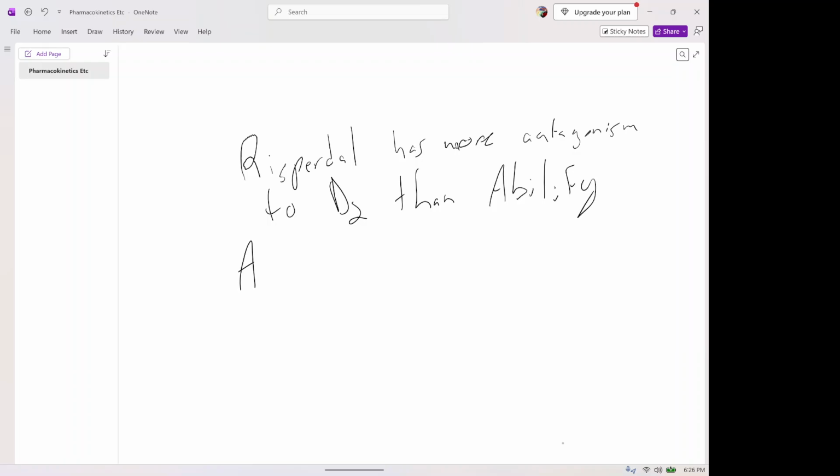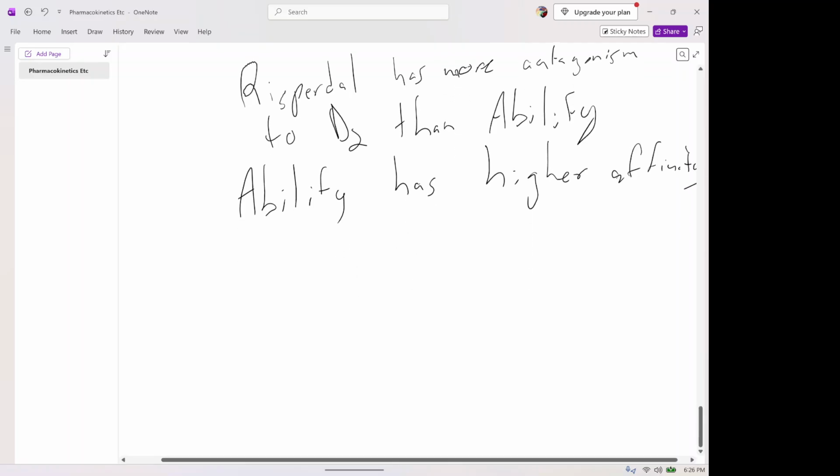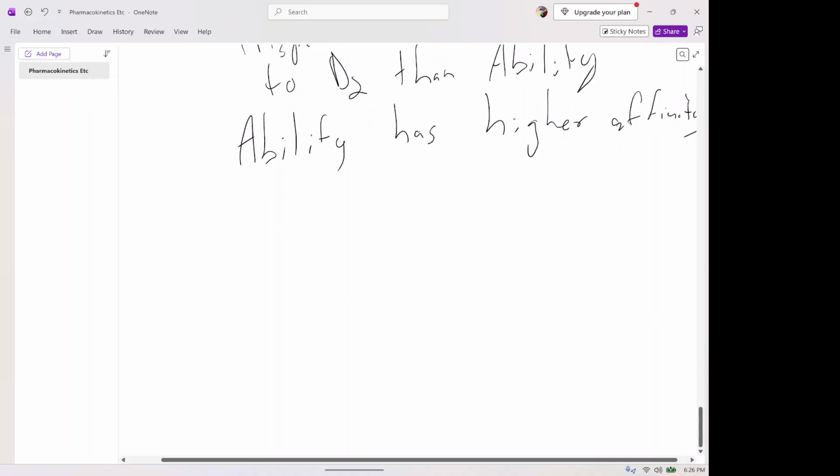But Abilify has higher affinity. And I'm hoping that it's becoming obvious why you give out little bits, like microdoses, of Abilify to sort of break the Risperdal blockade within the tuberoinfundibular pathway.